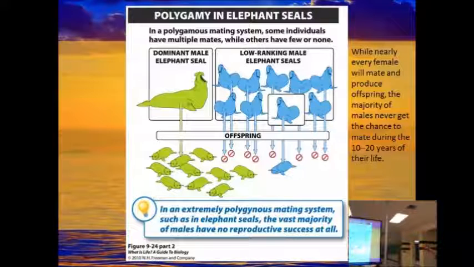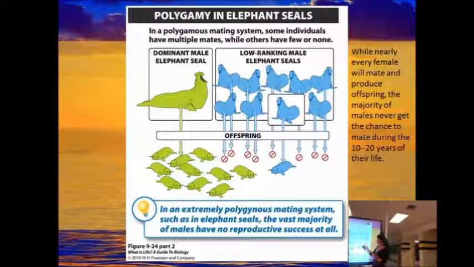So some of the advantages of this. If we have our elephant seals, notice that the one dominant male elephant seal, the biggest and the baddest and the strongest of them, is going to father almost all of the offspring. And then we have low-ranking male elephant seals, so it makes you feel kind of sad for those elephant seals. This one guy is getting all the action, and these guys are getting none, except maybe one manages to sneak in there while that guy's asleep and get one of the females.